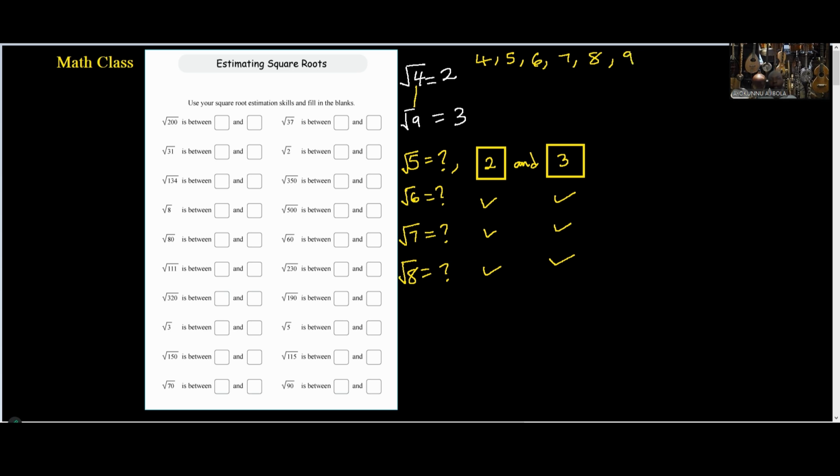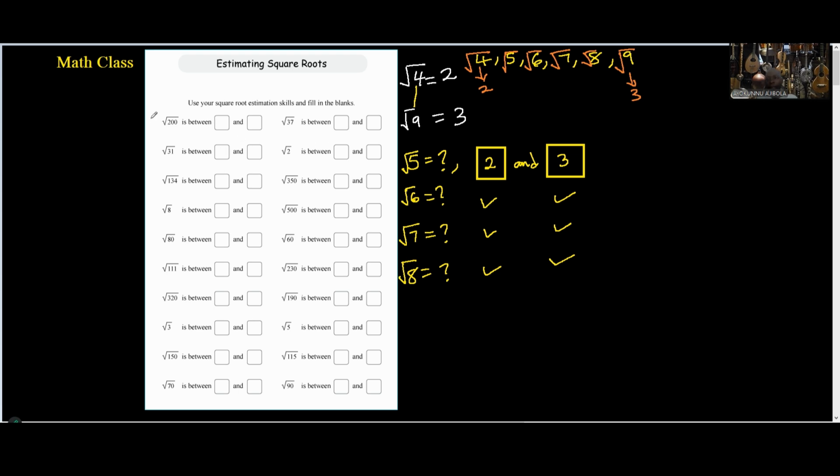I know that the square root of 4 gives me 2, and the square root of 9 will give me 3. So there is no whole number between 2 and 3. Any other square root I am looking for will exist only between 2 and 3. So it may be 2 point something. So that is how to do this kind of estimate.